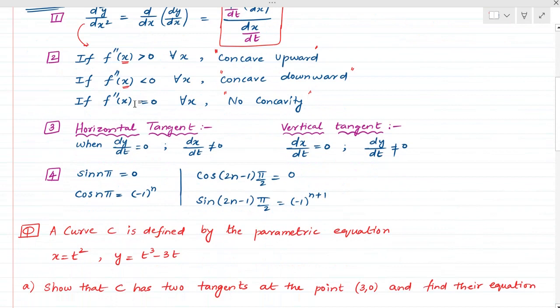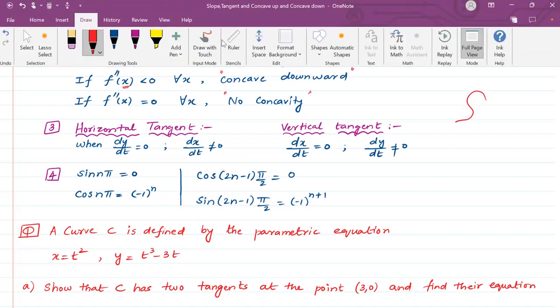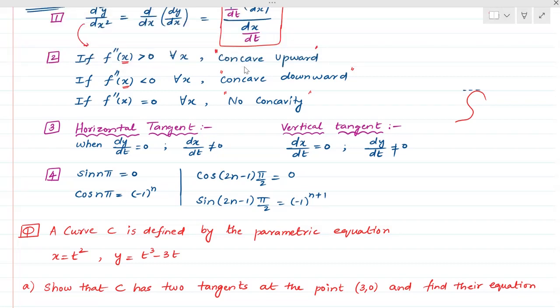Now the next note we have taken is horizontal tangent and vertical tangent. You will have two types of tangent, one is horizontal, another is vertical. Suppose you have a curve like this. This is the horizontal tangent, and similarly this one is a vertical tangent.